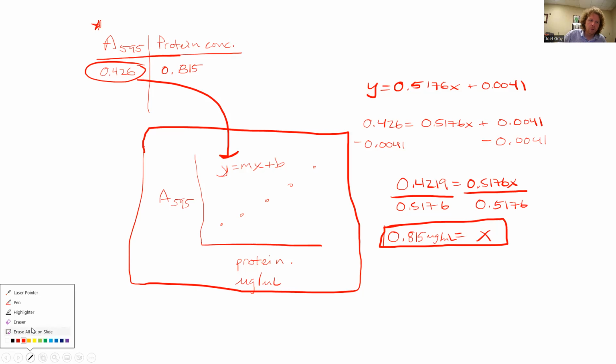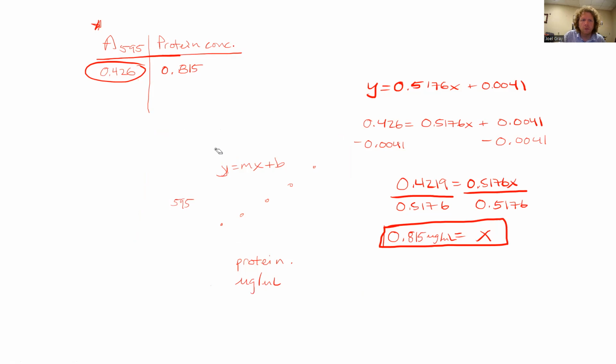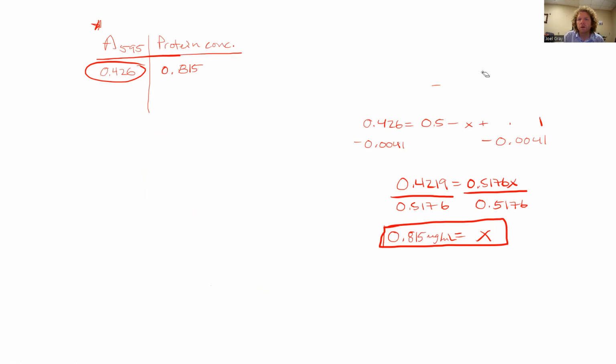Another component, and so let's actually, I'm going to erase not all of this, but some of this. What I need to preserve is that 0.815, erasing most of this, but not all of this.